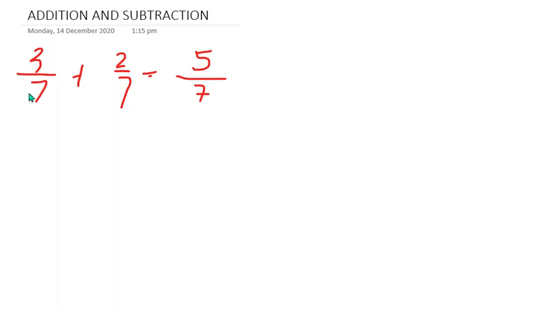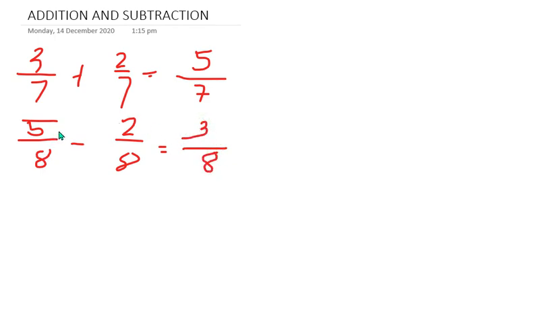Okay? So with 5 over 8 minus 2 over 8 equals, copy and subtract. That is the basic on how to add with the same denominator.